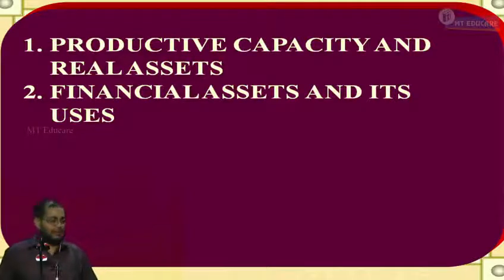Point number 5. The financial asset serves two main purposes. Branch it into two.